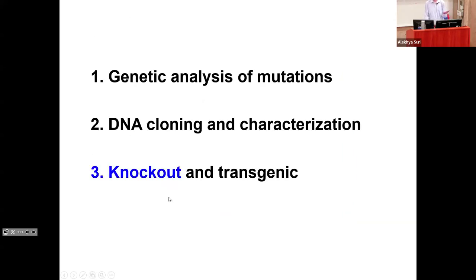Okay, knockout and transgenic. Knockout is when you delete a gene. Transgenic is often the term used when you want to overexpress something in animals.